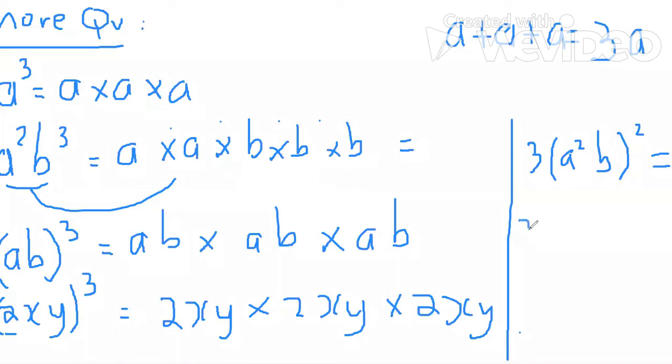Yeah, you're correct. Because the 3 is outside of the bracket, you only write it one time. So you have 3, but you write whatever you have in the bracket twice. It's gonna be 3 A squared B times A squared B. So only write the 3 one time. If the 3 was inside the bracket, you'd write it again. Not true? Yes, sir.